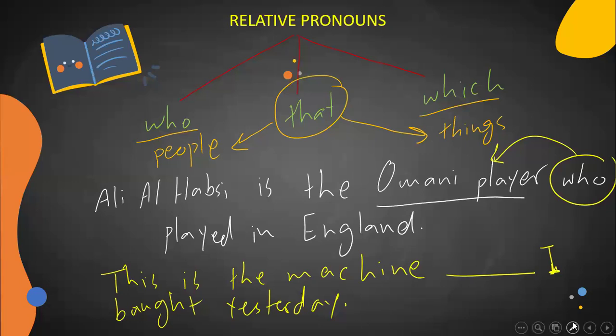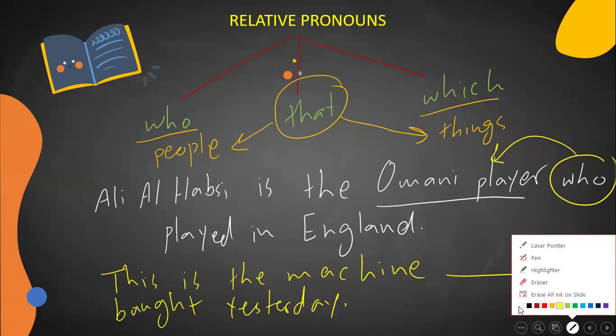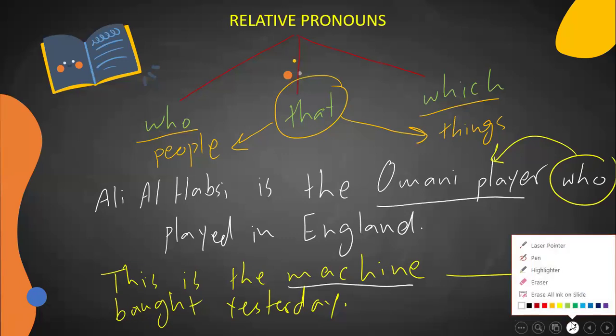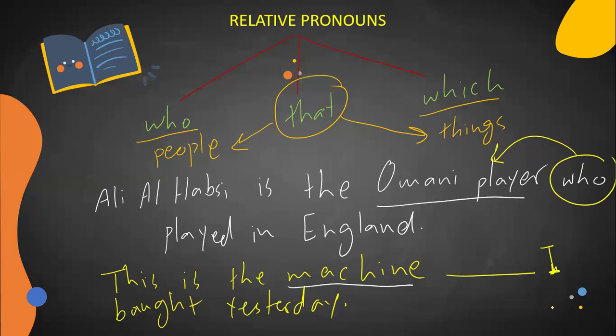So we have machine. Machine is a thing. So which word do we have to use here? Who or which? Of course, we have to use which, because it's a thing. It's not a human being. This is the machine which I bought yesterday, or that I bought yesterday.